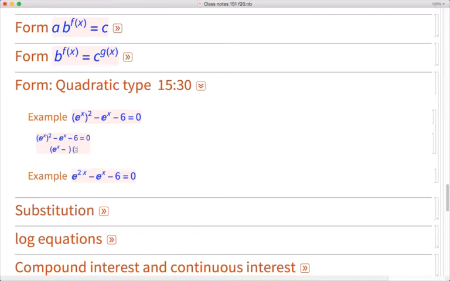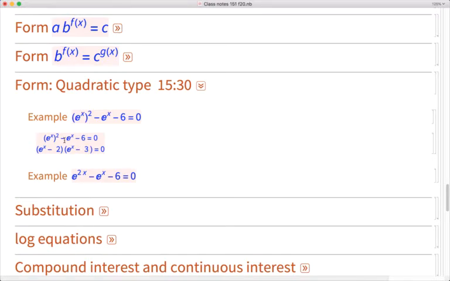And then the other term will also have an e to the x in it, plus or minus something, equals 0. The a and the b here have to multiply together to give us 6, so 1 and 6, or 2 and 3. This is standard factoring trial and error.